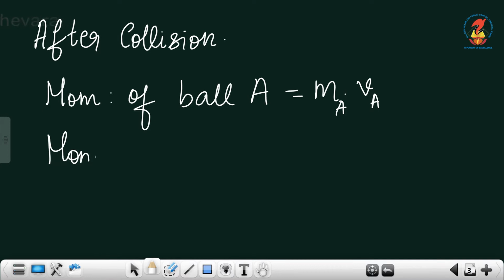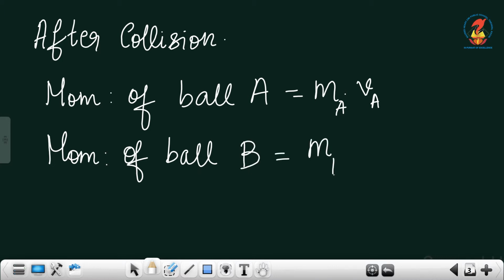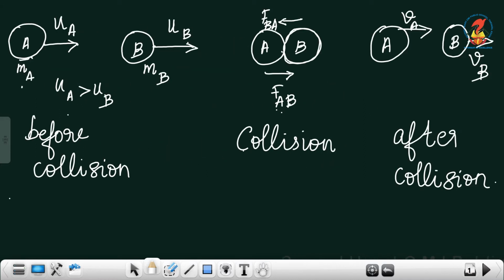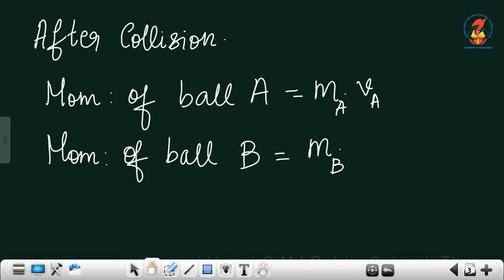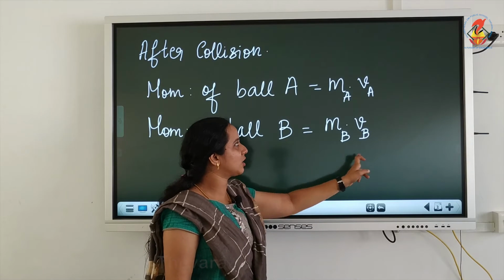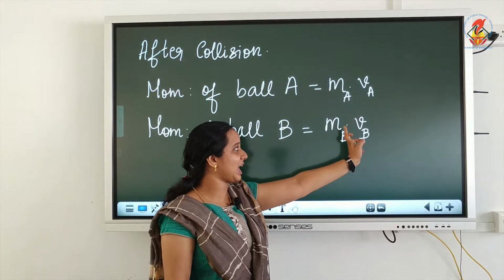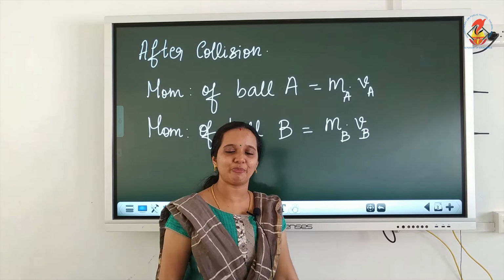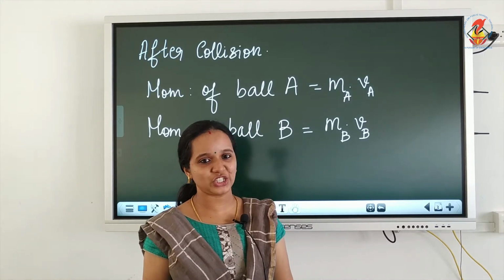Similarly, momentum of ball B is, again, mass of ball B is the same, that is MB, into velocity of ball B after collision is VB. So, these are the momentum of ball A and ball B after collision. MA VA and MB VB are the momentum of both the balls after collision.